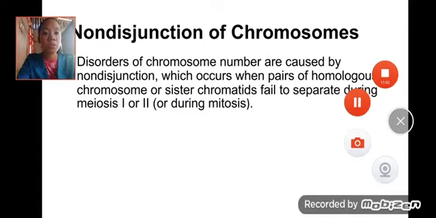Non-disjunction of chromosomes means disorders of chromosome number are caused by non-disjunction, which occurs when pairs of homologous chromosomes or sister chromatids fail to separate during meiosis 1 or 2 or during mitosis.